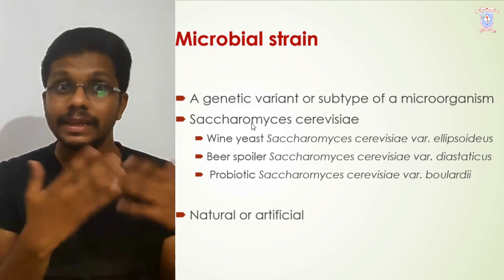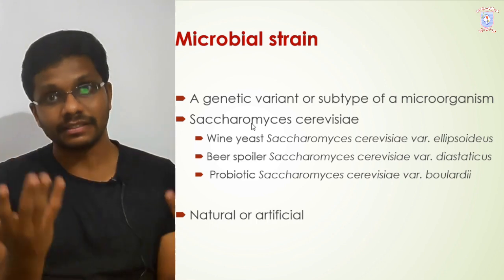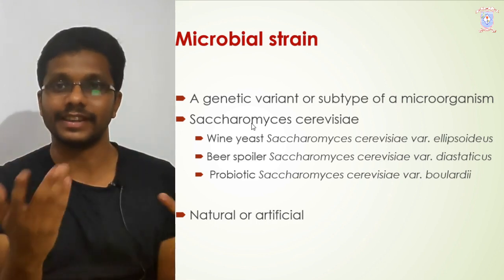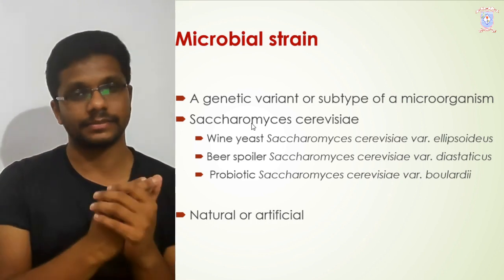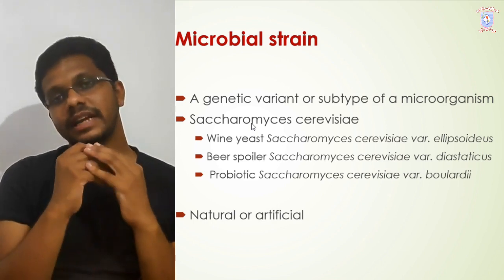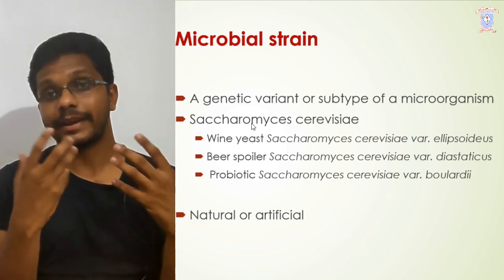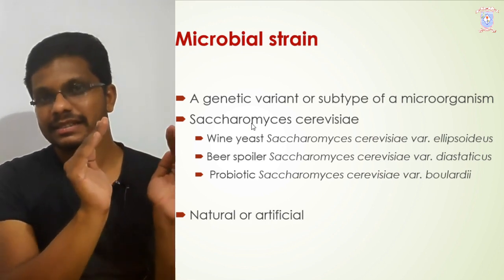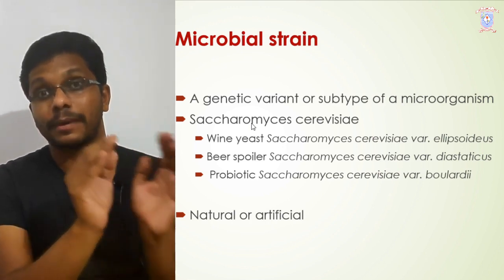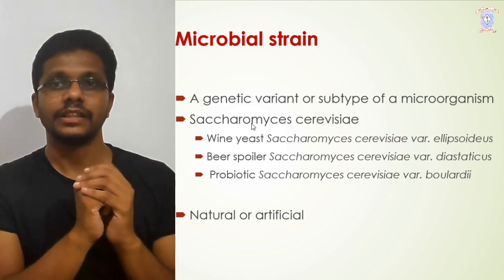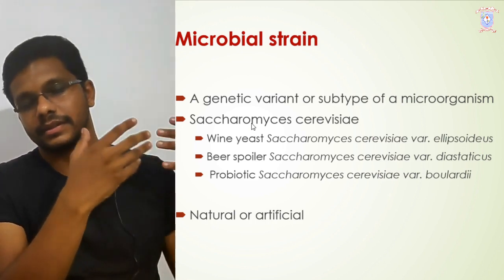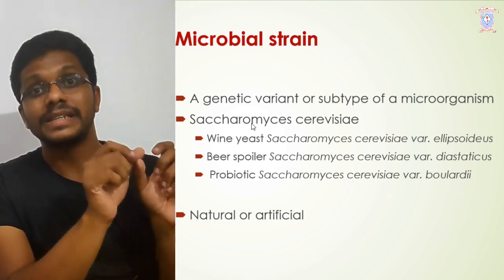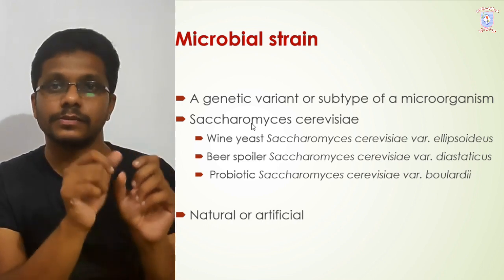So the variant ellipsoides can be further divided into subvariants or subcategories. So when we think about an industrial microorganism, these organisms are not really just a single species. It should be a particular variant of that species. Then only will this organism have the specific ability to produce this product.